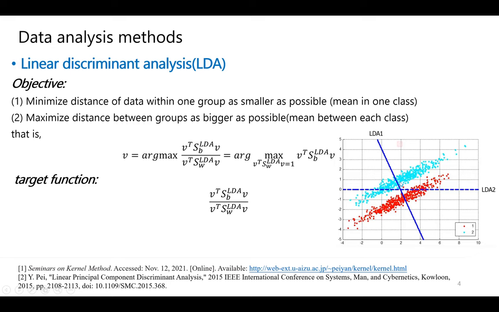The mean of projections of all the blue dots onto this direction is located like here, and the mean of all the projections of red dots onto this direction is located here. This distance is the largest one among that of all the other directions. It satisfies the second objective, so LDA1 is our target direction.